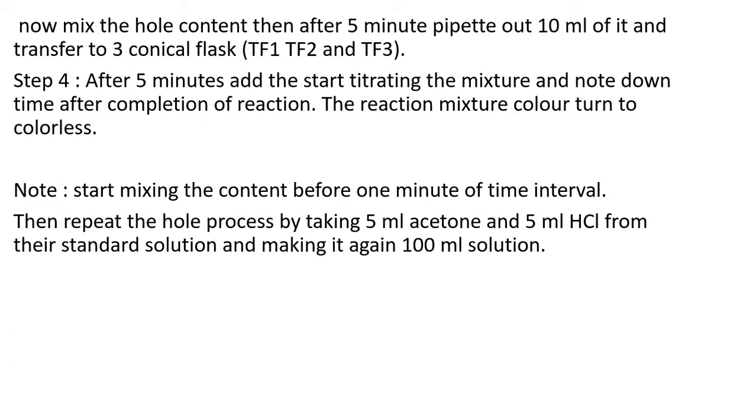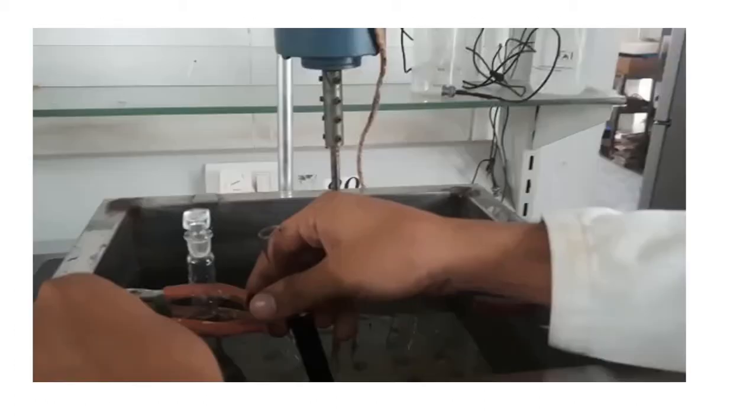Take 5 ml acetone and 5 ml HCl in the subsequent reading with their standard solution, again making it up in a 100 ml solution. So this is how we will mix the two solutions. The first solution contains 10 ml of iodine.